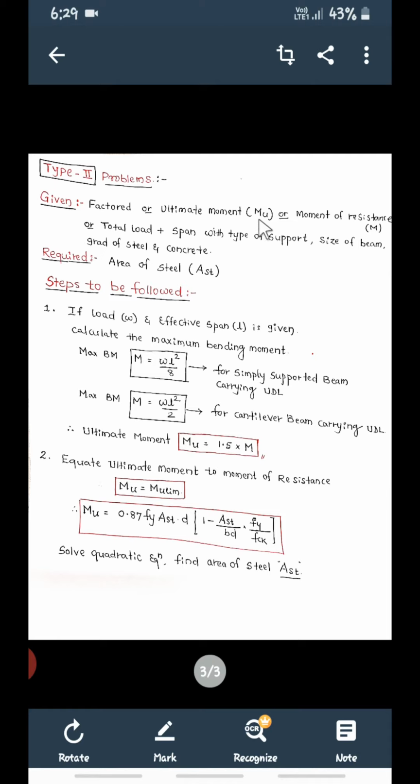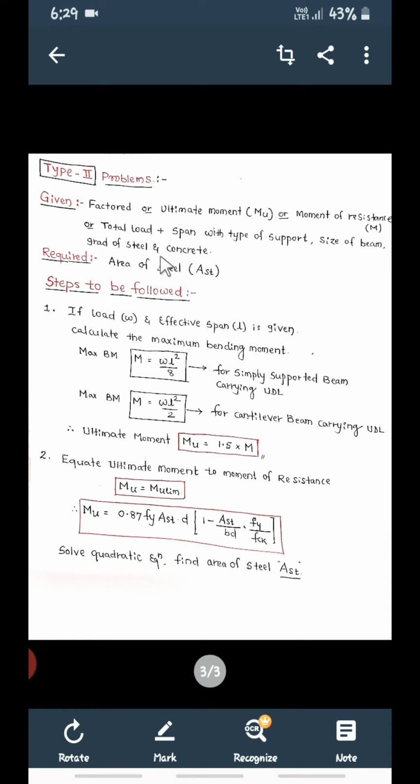But in type 2 problems they will directly give either Mu or working M. If Mu is given, divided by 1.5 you will get M. If M is given, multiply by 1.5 and you will get Mu. So Mu or Mu limit will be given, or M will be given.